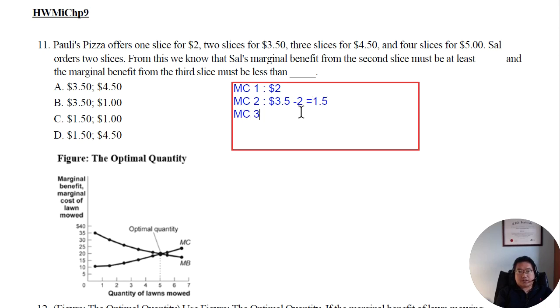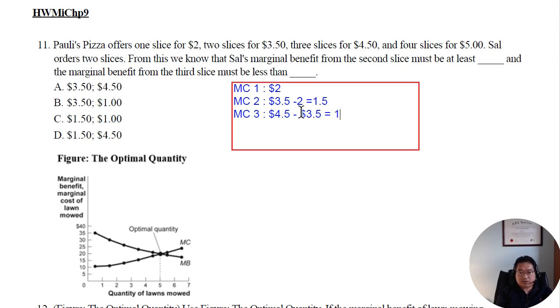The third slice, okay, so if you want to buy three slices, you pay $4.50, and from the second to the third, you need to pay basically extra $1. The first two slices together cost $3.50.